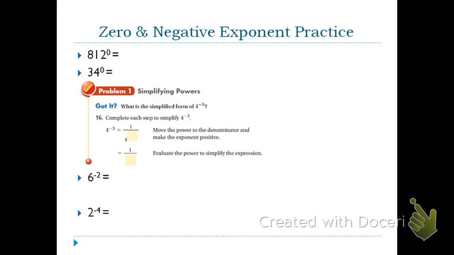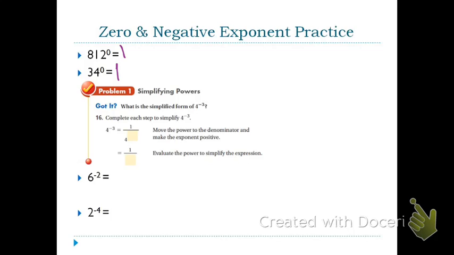So let's try this. What's 812 to the 0 power? Hopefully you wrote down 1. 34 to the 0 power? 1. Any number to the 0 power is always equal to 1. What is the simplified form of 4 to the negative third?